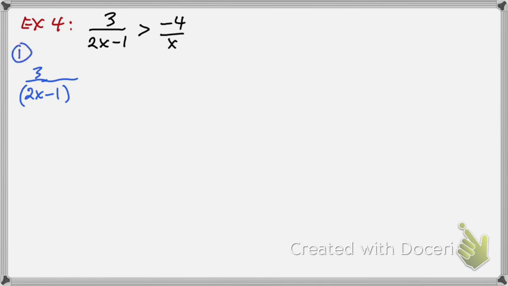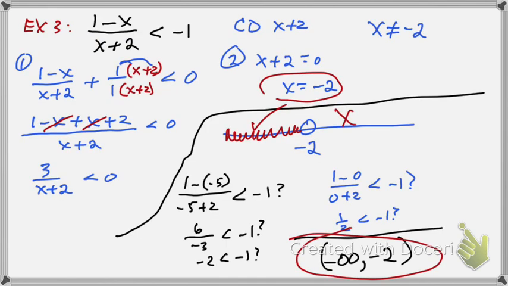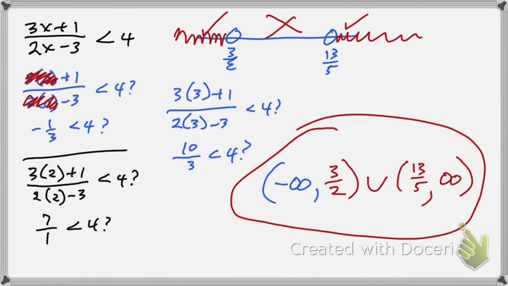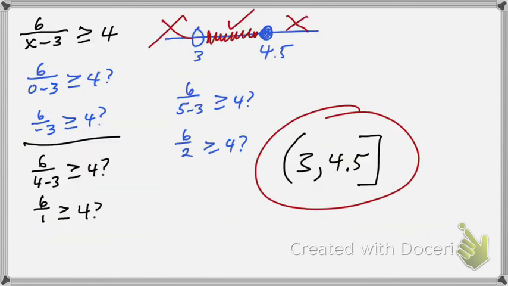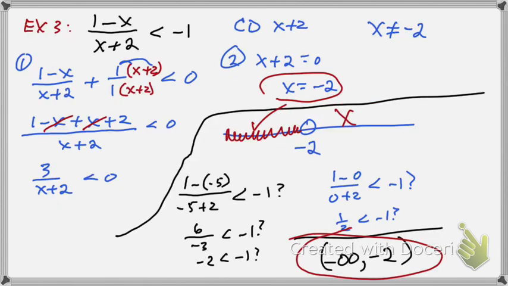So I'm going to add 4 over x to both sides. And I got greater than 0 here. Oh man. Now see, don't get lulled into thinking the common denominator is always just one. If you look back at the other 3 that we've done, the common denominator was always just whatever fraction started off over there.